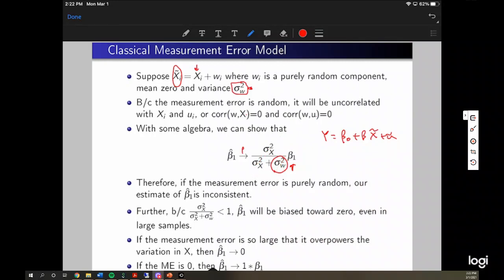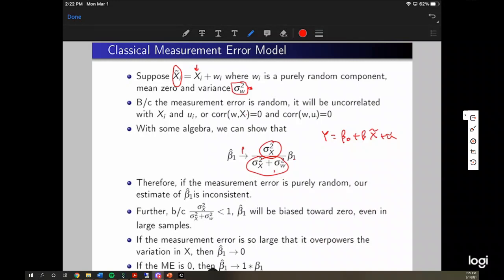When there is measurement error, though, the variance of w, the variance of the measurement error, is some positive value, and so the denominator here is larger than the numerator, meaning that the right-hand side is less than the left-hand side of this equation. So in the presence of classical measurement error, beta hat 1 converges in probability to something less than beta 1, the population value.